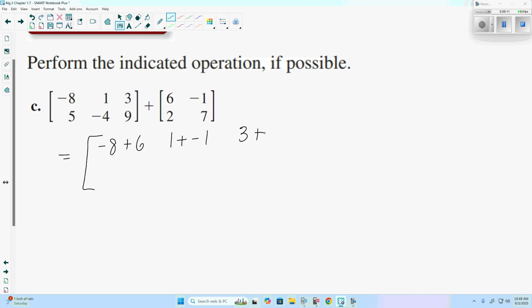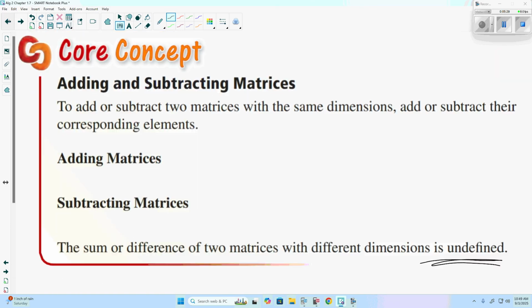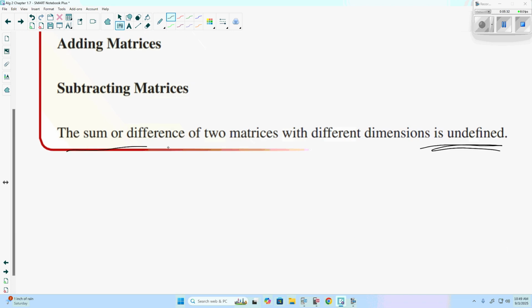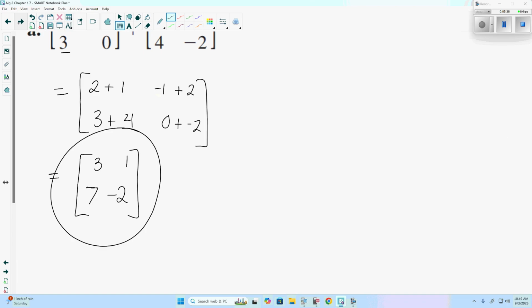To add or subtract, the dimensions have to be the same, yes? Not possible. Because the sum or difference of two matrices with different dimensions is undefined, so we'll say undefined or not possible.